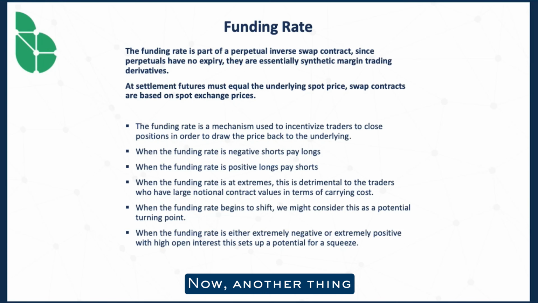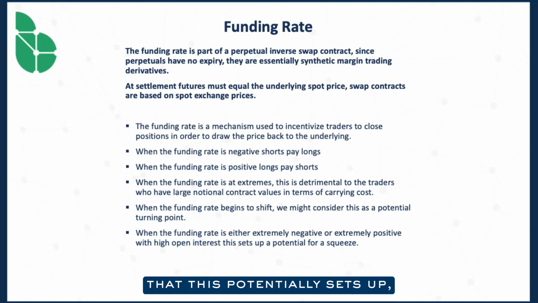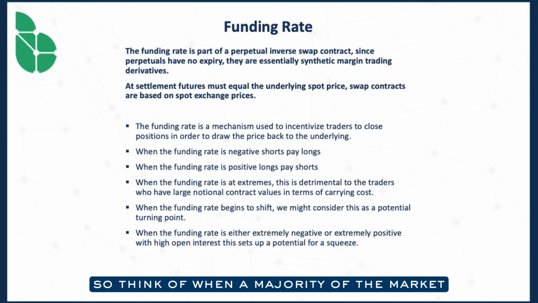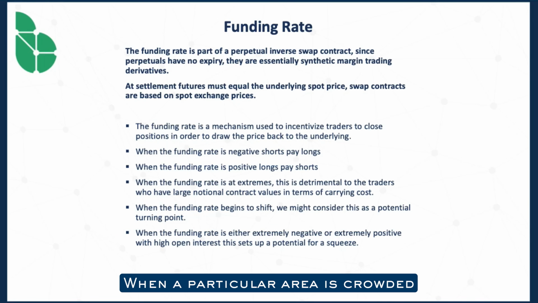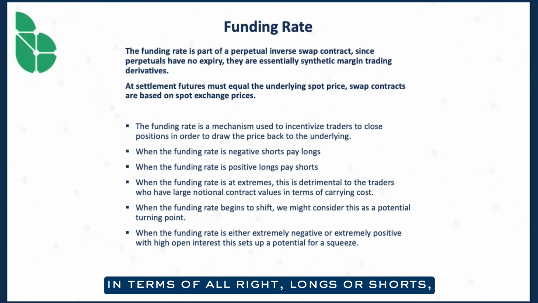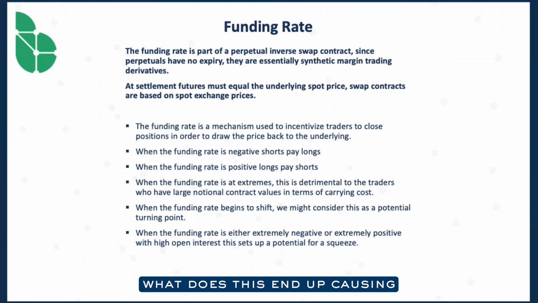Now, another thing that this potentially sets up, which I think is a bit more useful, is squeezes. So when the funding rate is extremely negative or extremely positive, so think of when a majority of the market, or when the market is levered long, right? When a particular area is crowded in terms of longs or shorts, what does this end up causing if the market is pushed in the other direction slightly?